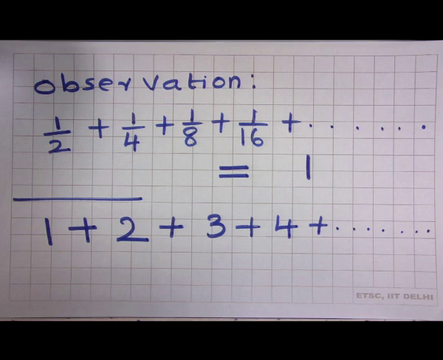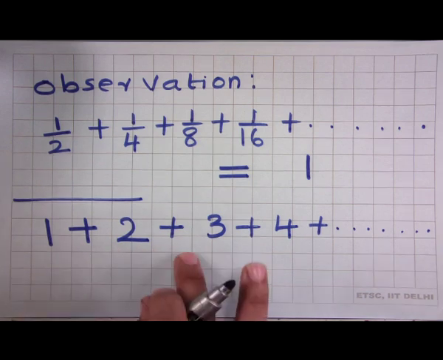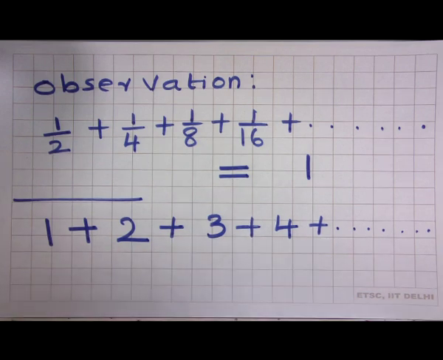By taking more and more terms, the sum can be made larger than any pre-chosen value. So, intuitively, we observe that the sum 1 plus 2 plus 3 plus 4 plus etc. cannot be a finite value.